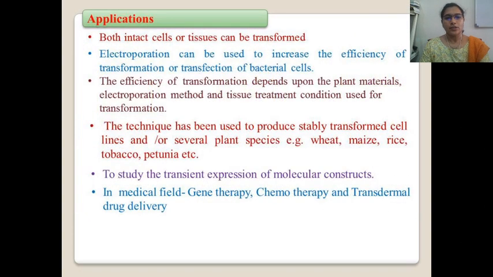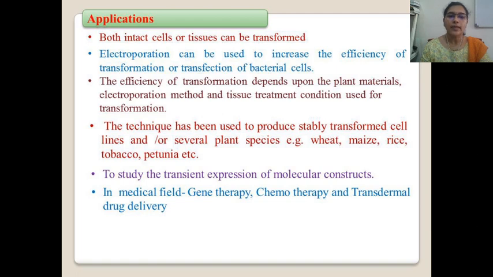In this way, we can successfully transfer the DNA from the medium into the cell. Now, what are the applications of this technique? First, this technique has been used to deliver DNA into both intact cells or tissues. Second, electroporation can be used to increase the efficiency of transformation or transfection of bacterial cell. Third, the efficiency of transformation depends upon the plant material, electroporation method and the tissue treatment condition used for transformation.